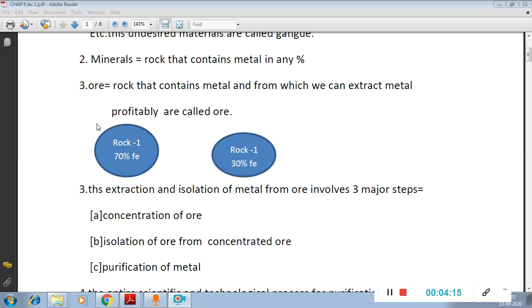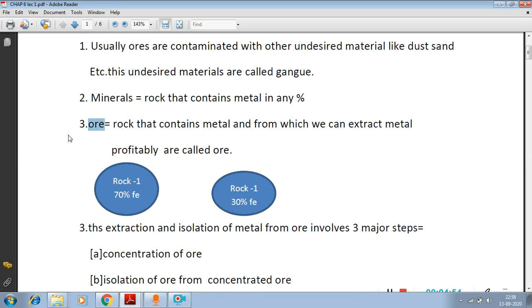Suppose to get Fe from rock 1 I have to spend more money, say 1000 rupees, and to extract Fe from rock 2 I have to spend only some 200 rupees. So in that case, rock 2 will be our ore because the expenses are less in the case of rock 2. So there are multiple factors that are considered to call a rock ore.